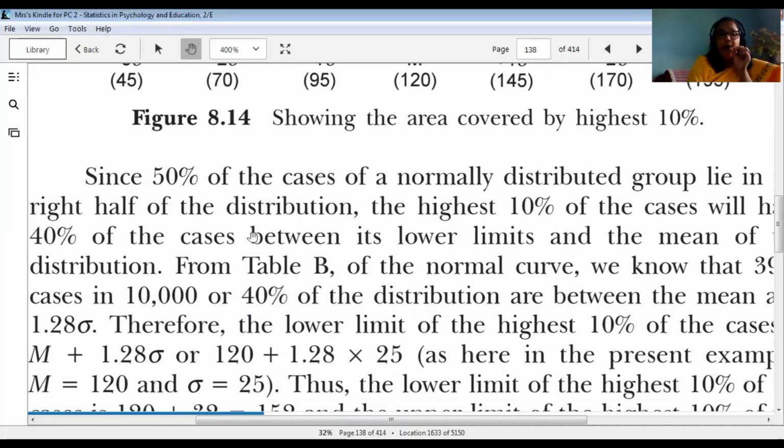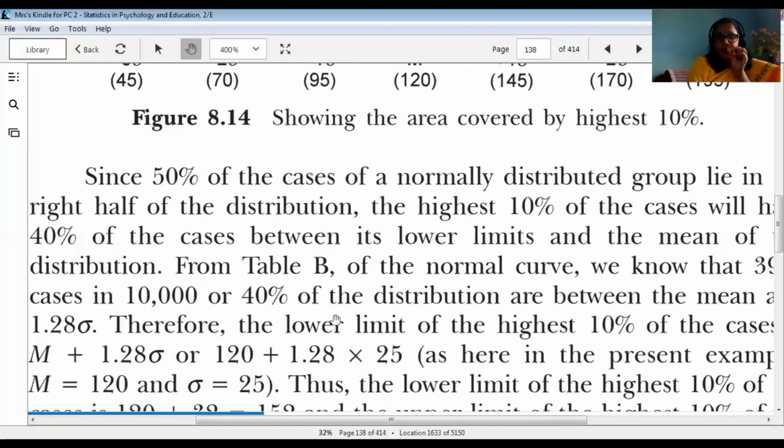It means now we need to find out the lower limit of the highest 10% of a particular group of individuals. And according to the normal curve, we have 40% of the cases between its lower limit and the mean of the distribution.